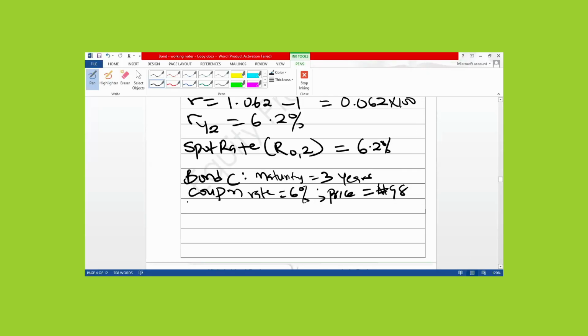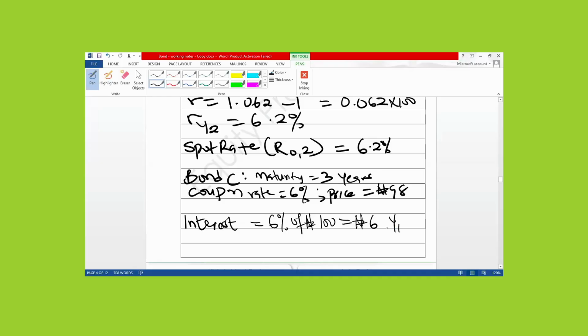Interest in year one: coupon rate 6% of face value, 100 naira. That is 6 naira in year one.